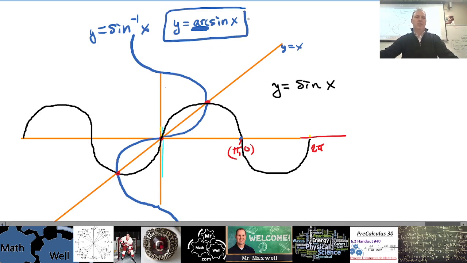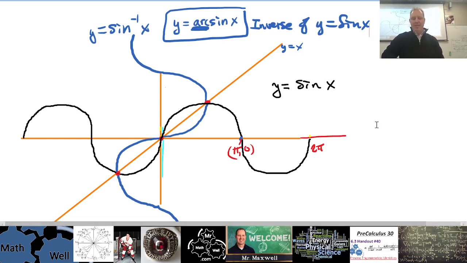So again, this is the inverse of y equals sine x, arcsine. And yes, we're going to be doing derivatives of arcsine, and we'll be doing integrals of arcsine as well. So we'll be dealing a little bit more with the inverse function.